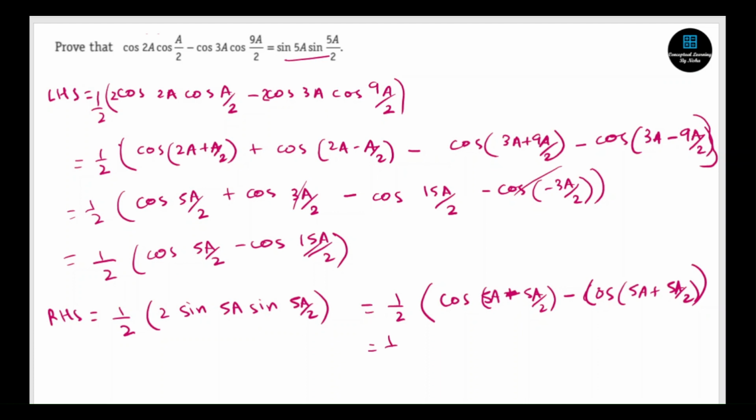And when we simplify I'll get cos of 5a/2 and minus cos of 15a/2, which says that LHS is equal to RHS, right? Hence we proved it. Alright, okay.